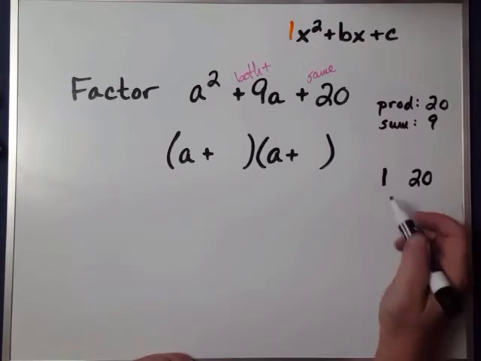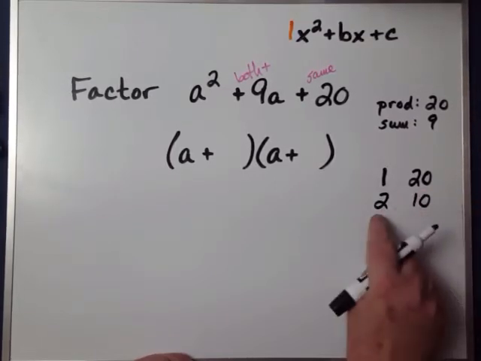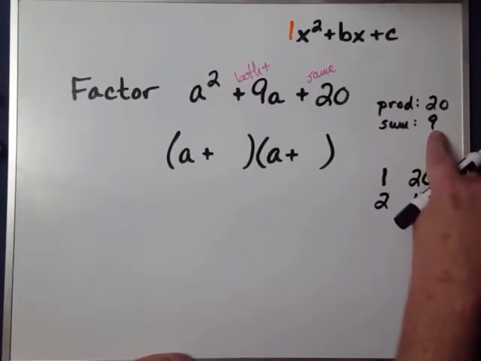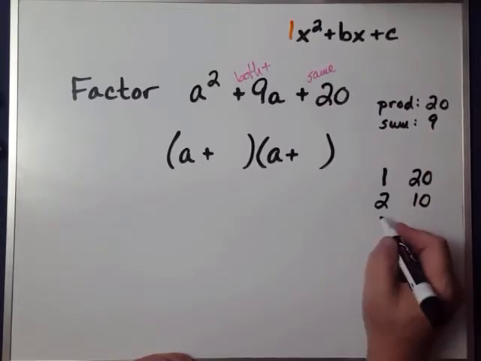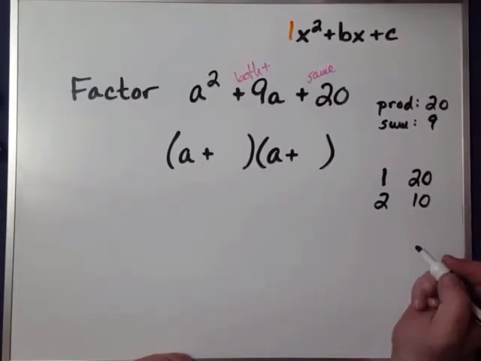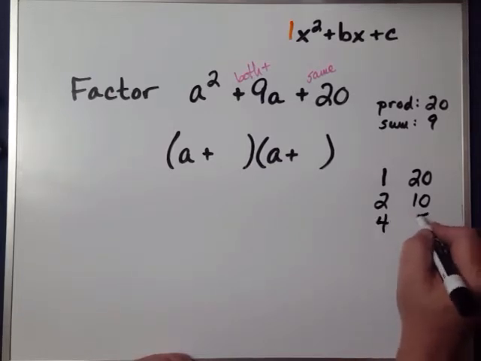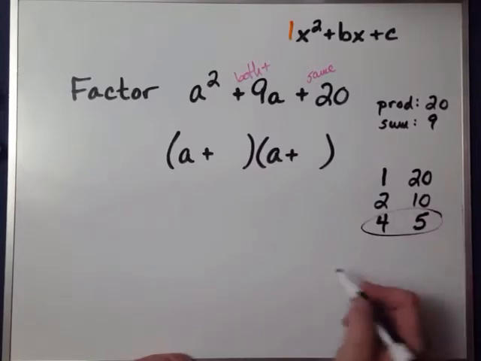No. Then we say, does 2 go into 20? Yes, 10 times. Well, 2 times 10 is 20, but does 2 plus 10 give me 9? Does 3 go into 20? 3 does not. Does 4 go into 20? Yes, 5 times. Does that add up to 9? Yes, it does. There are my two numbers.